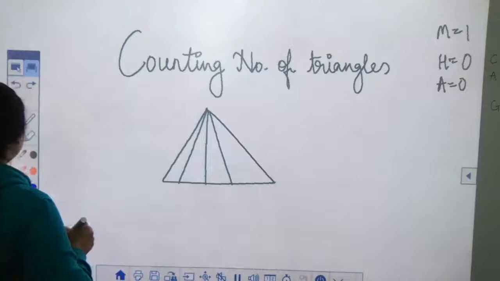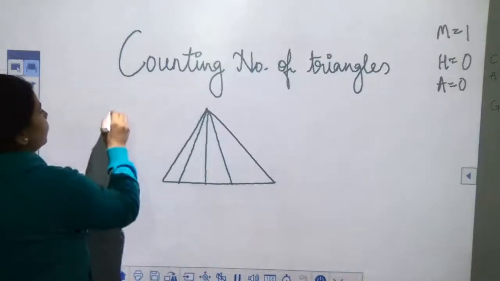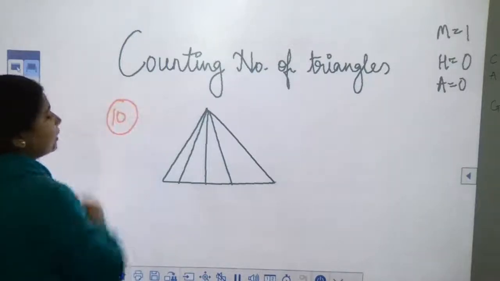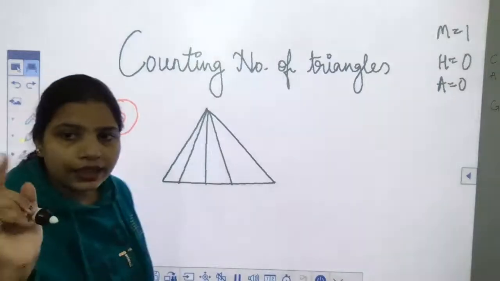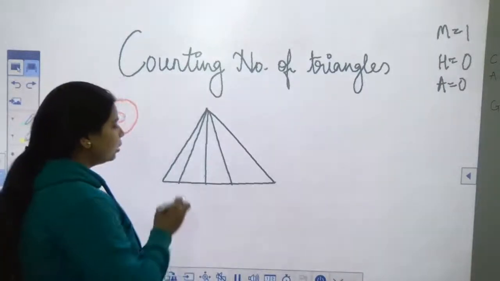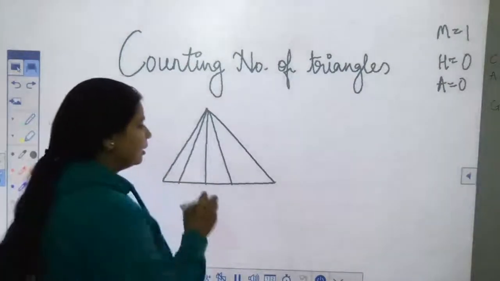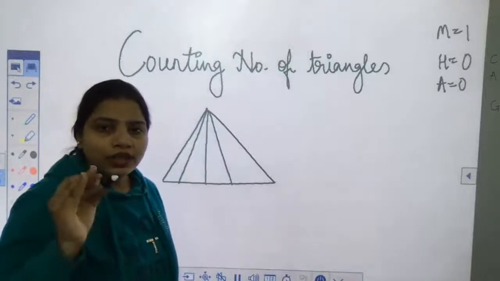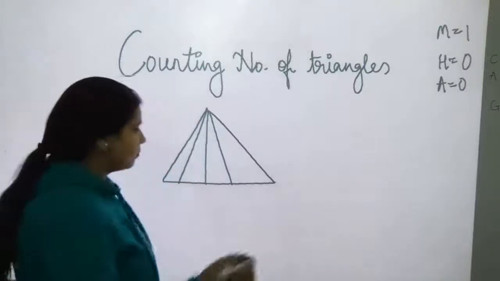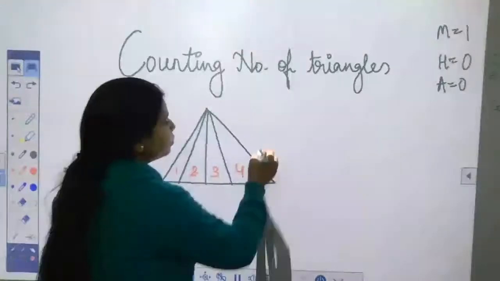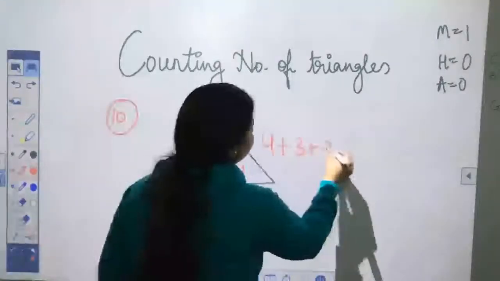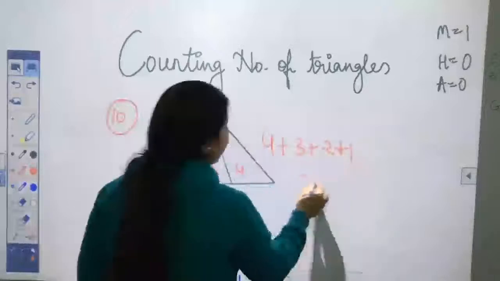We had counted it as containing 10 triangles. Now the trick comes. We'll count the number of internal triangles. So now we'll add them: 4 plus 3 plus 2 plus 1.